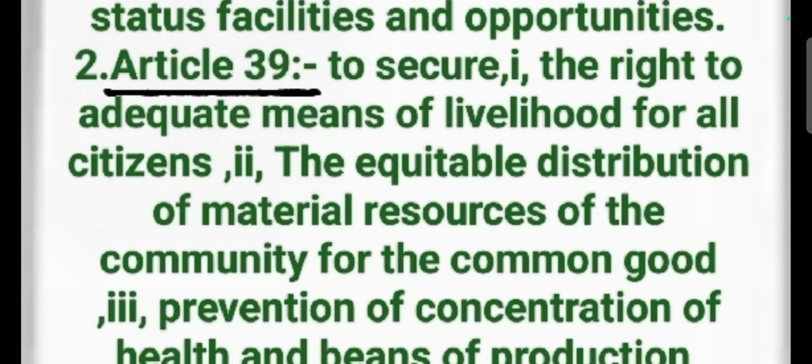And equitable distribution of the material resources of the community. Community means as a whole, each and every person has a responsibility and a right to get it, for the common good. So, equal distribution of those material resources.